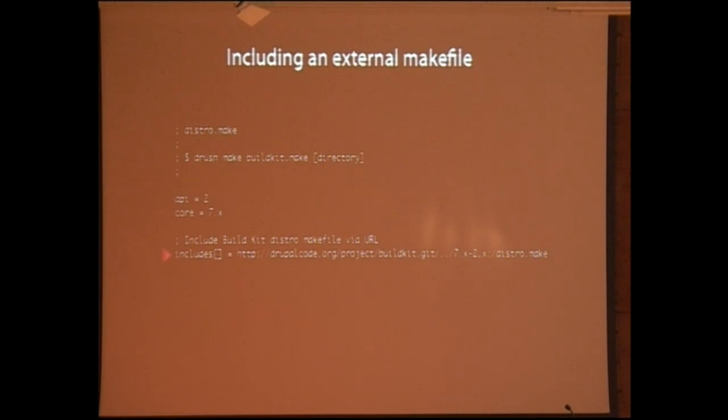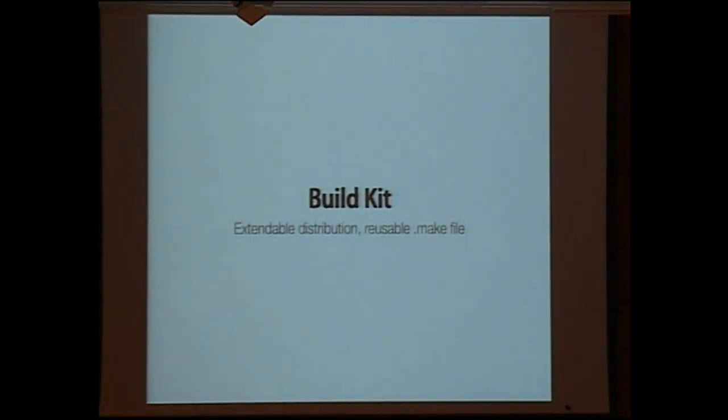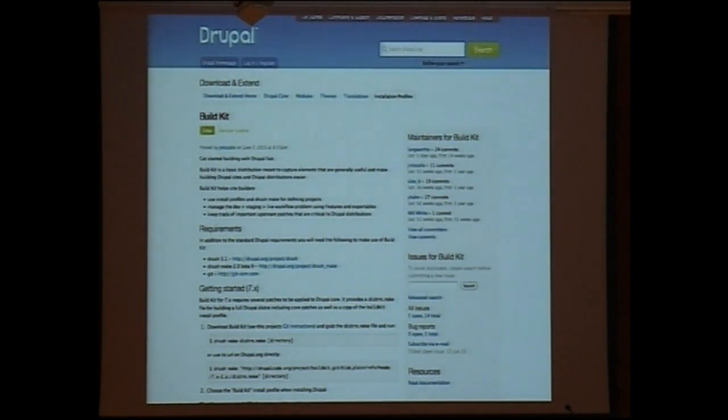This will just get included and parsed as if it was a part of our makefile. Buildkit is actually meant to be used this way, and it is an extendable distribution, but actually a reusable Makefile.